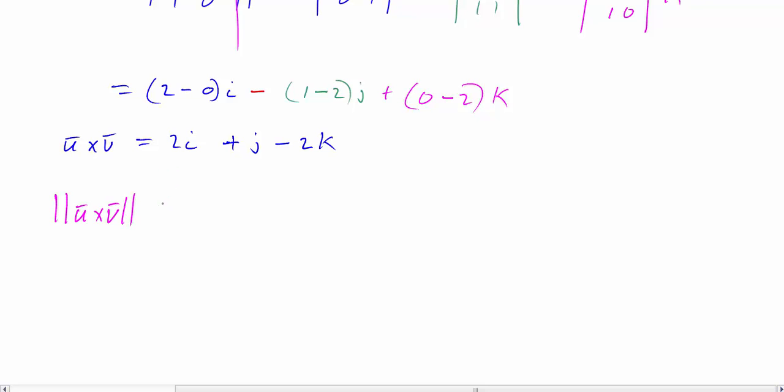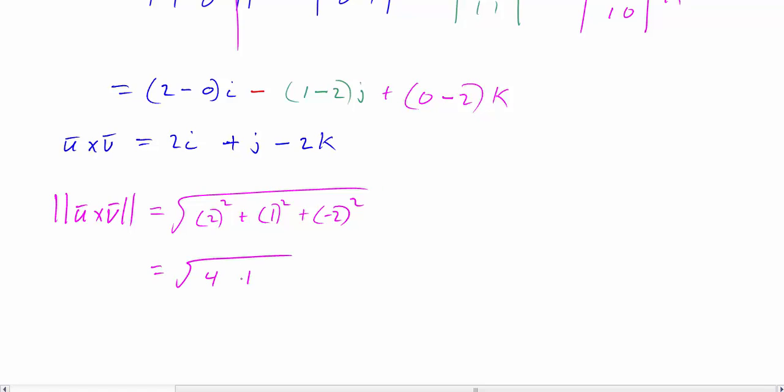Well, we're going to do it the same way we found the magnitude of any vector. So that's going to be the square root of 2 squared plus 1 squared plus a negative 2 squared. So here we would end up with the square root of 4 plus 1 plus 4, since negative 2 squared would be plus 4.